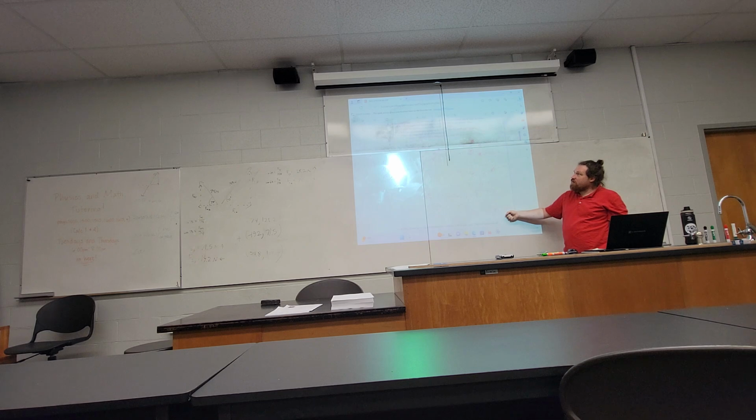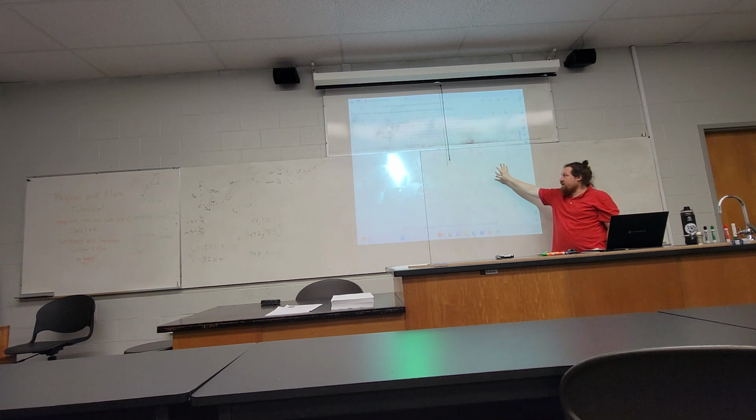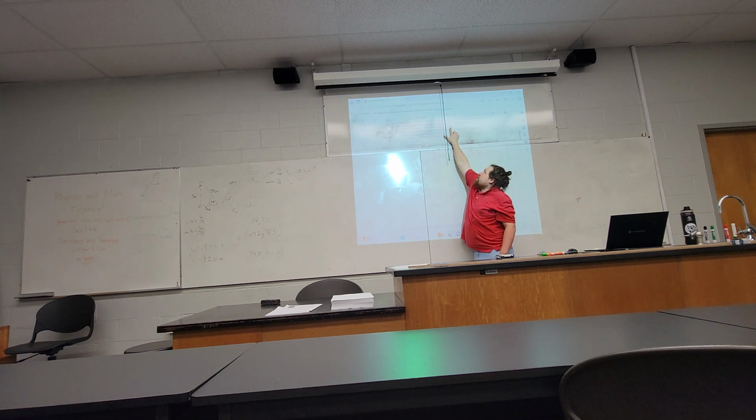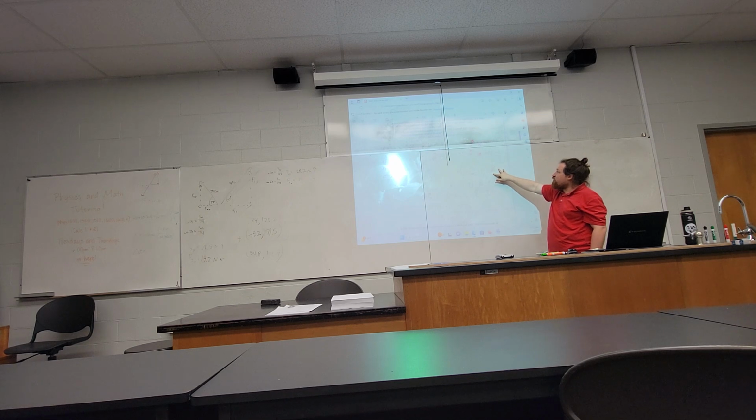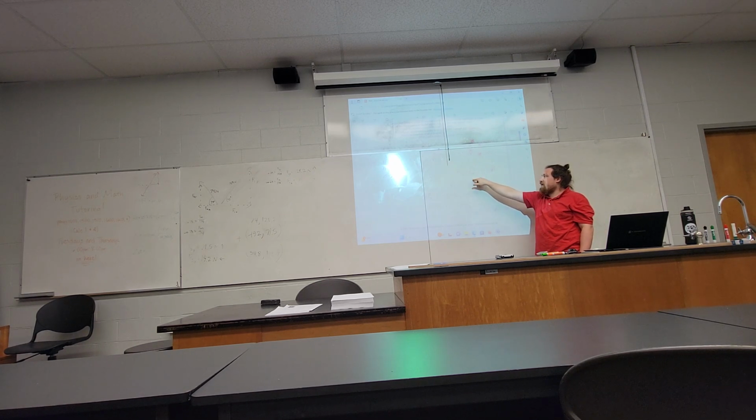Force of friction, to find that, since we don't have a mu to find force of friction, I instead looked at net force in the x-axis, considering that the net force across the entire board is 0 if the object is moving at constant velocity, which was the answer to the first part. All the forces present must add up to 0, and there are only 2 forces within the x-axis, the x component of the rope pulling forwards and friction pulling backwards.